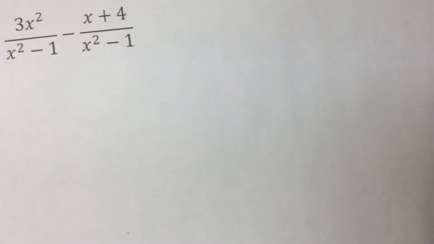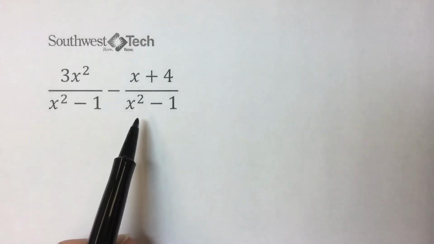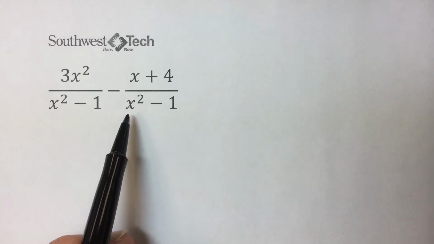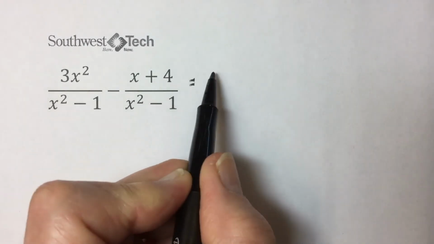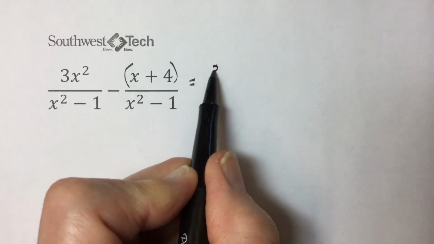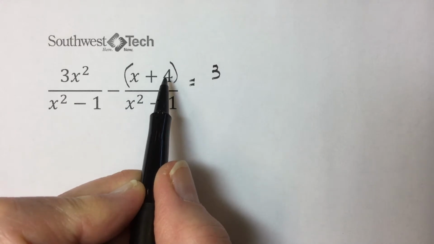Let's take a look at one other one here. Same thing. We are subtracting rational expressions. We have the necessary common denominator. So again, in subtraction of a quantity, we need to not only subtract the x, but also subtract the 4.